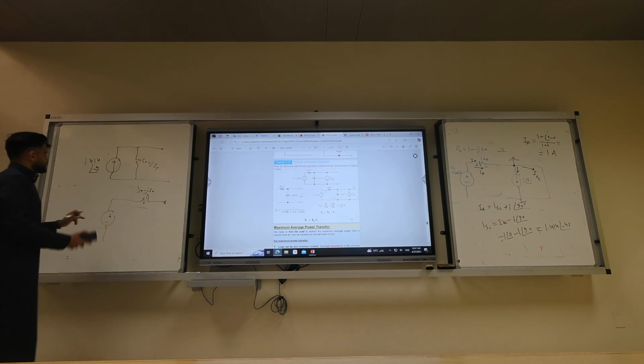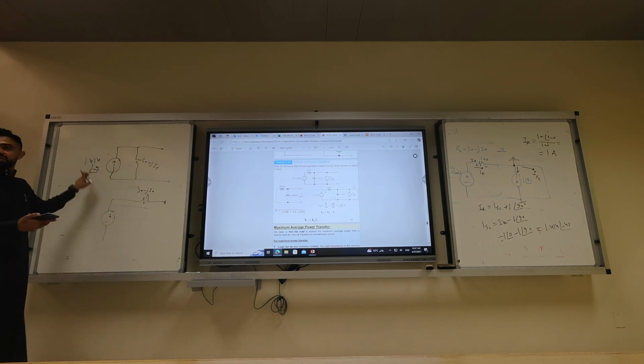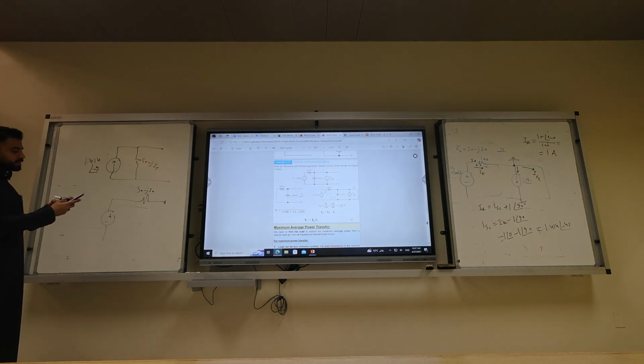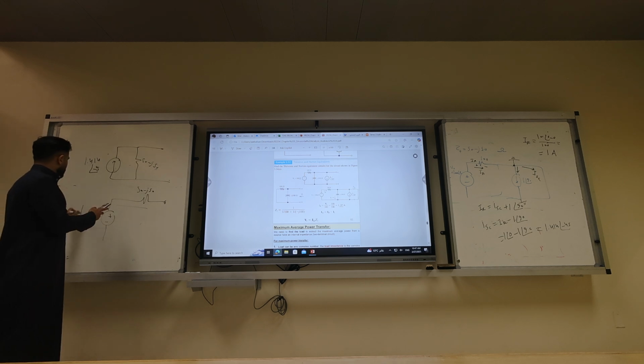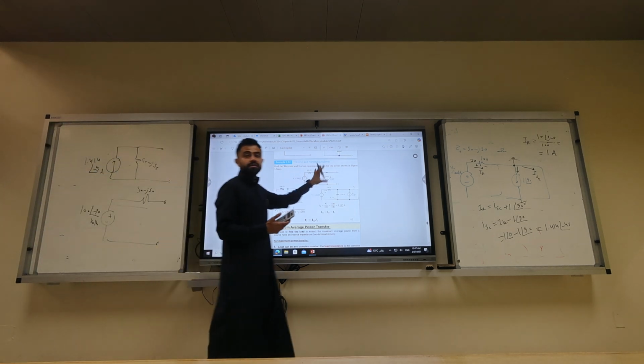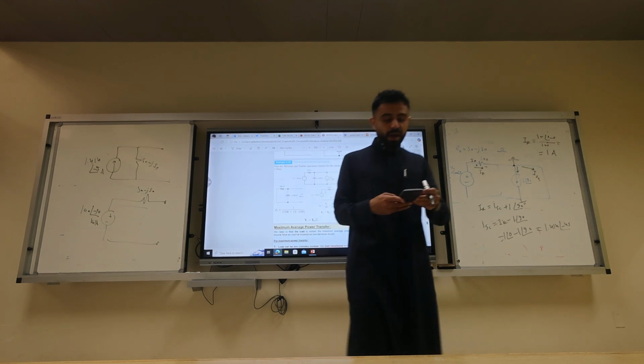And what's V Thévenin? It is source transformation: 1.414 angle minus 45 times 50 minus J50. So V Thévenin for this problem is 100 angle minus 90 volts, here amps. So now I found V Thévenin and I Thévenin for this problem.